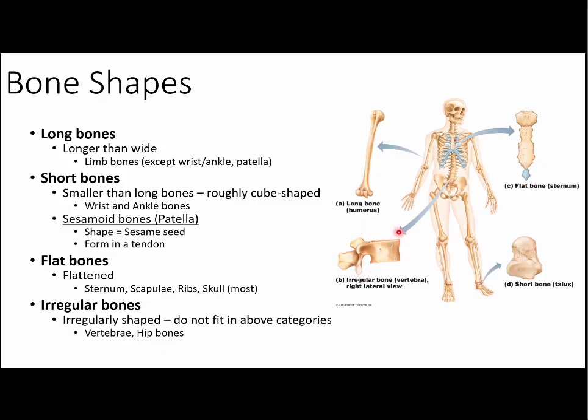We've got a squatty body type area that's kind of thick. We have processes going off posteriorly. We have processes coming off transversely. Sometimes we have anterior processes. So they are definitely irregularly shaped and they don't fit into any of the other categories.